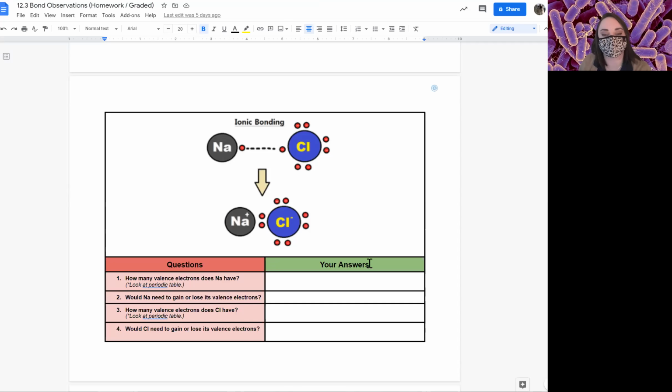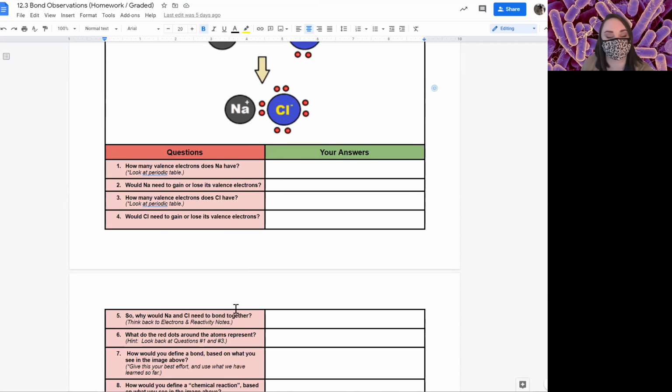What you're going to do is look at the pictures I'm giving you to try to learn information about them. So it says here, how many valence electrons does sodium have? And I tell you, you have to look at the periodic table. Would sodium need to gain or lose valence electrons? So a little bit of review information. And then it's going to start connecting to the picture.